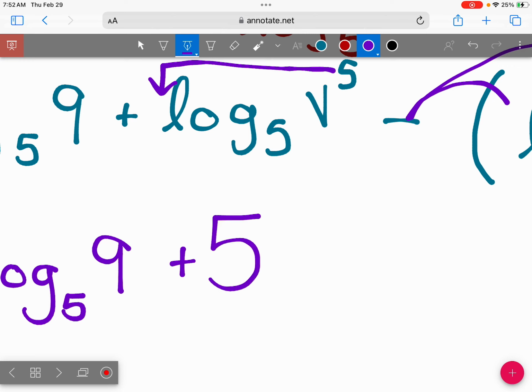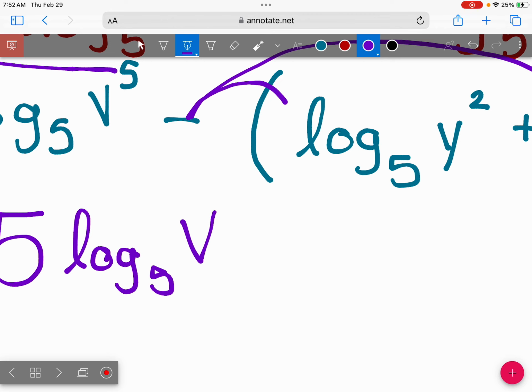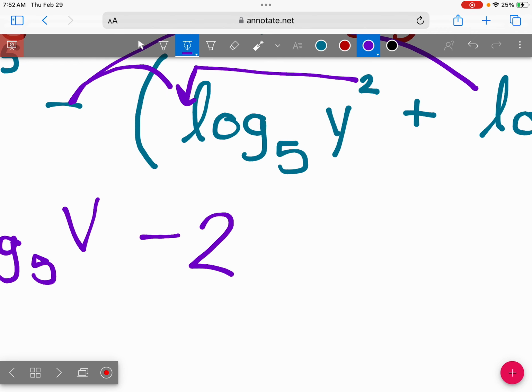We're going to have 5 log base 5 of v minus, this 2 is going to come down, 2 log base 5 of y.